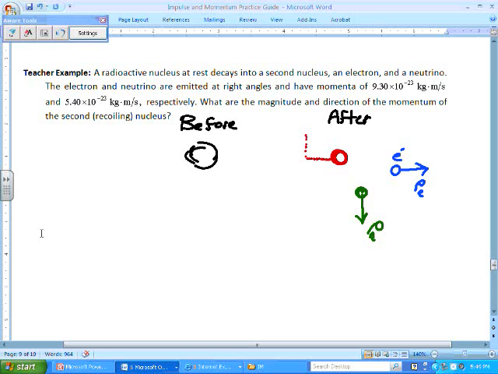So it's going to have momenta in the upper left direction, so negative x and positive y direction. And that'll be at some angle theta, which you'll figure out later. And that'll have some momentum of the nuclei. I'm just going to put NUC for nuclei.